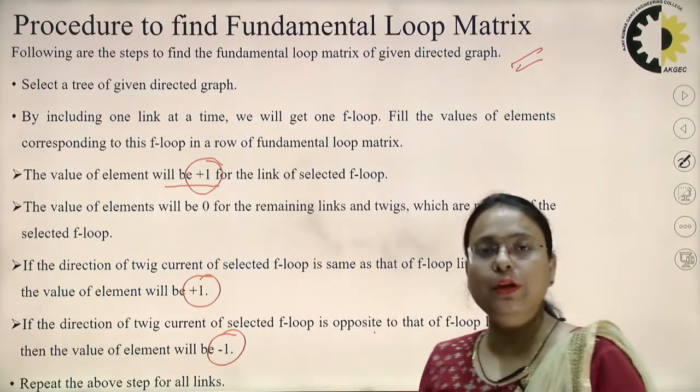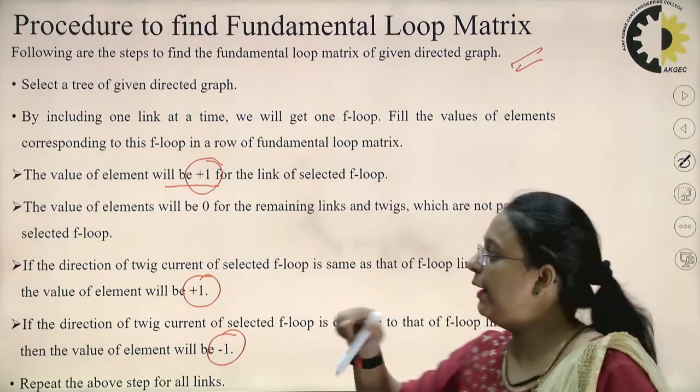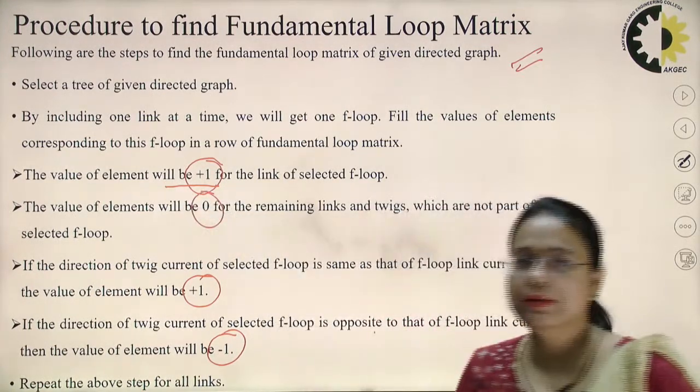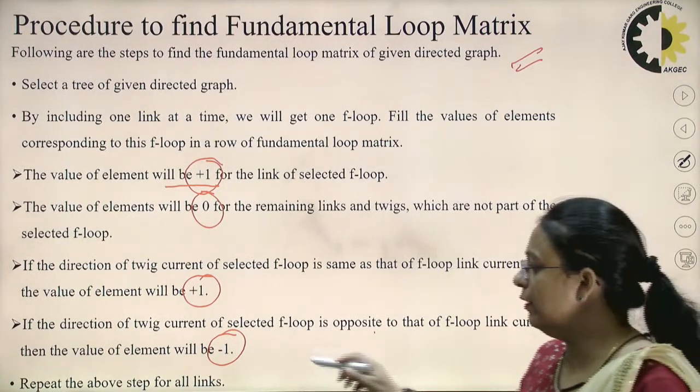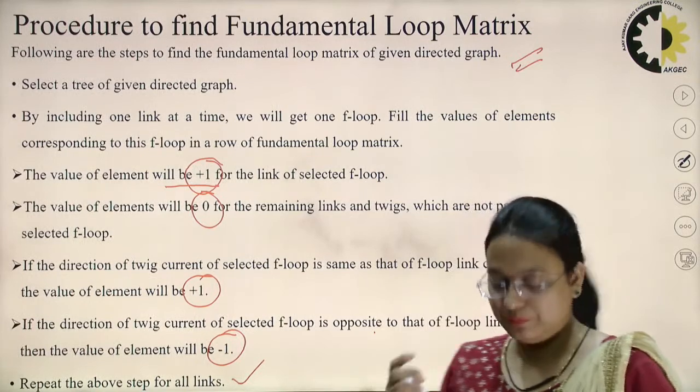And if there is no connection of the branch with that particular loop, we'll write 0. We'll repeat all these steps for different links.